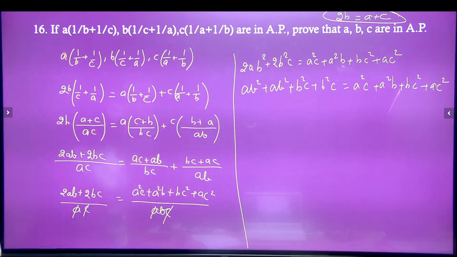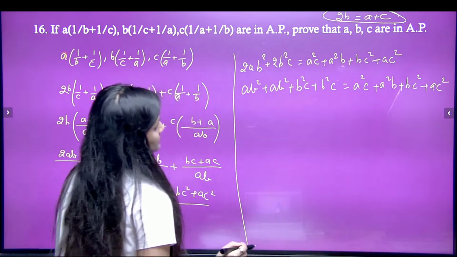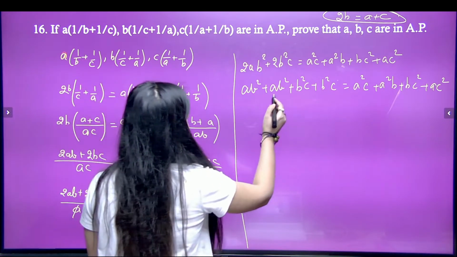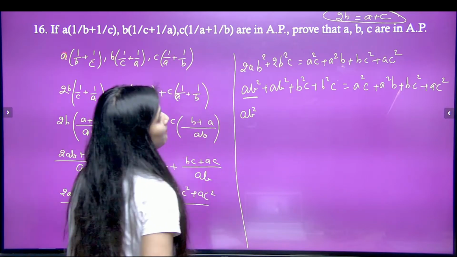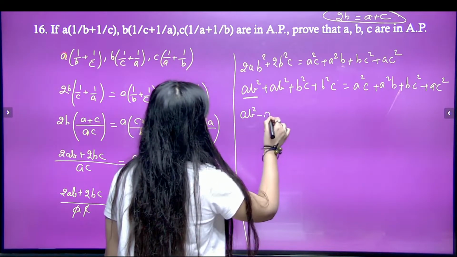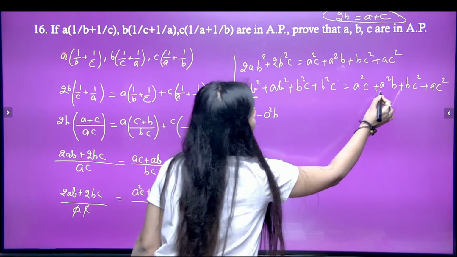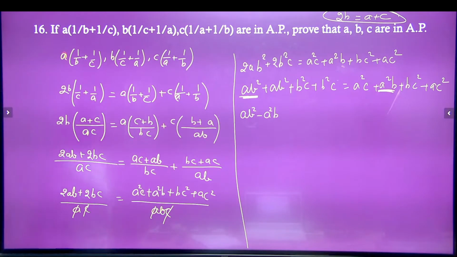Now what need to find is 2B is equal to A plus C. So what we can do here, we can write AB square minus A square B, this one and this one. Clear? I have taken A square B from right hand side to left hand side.